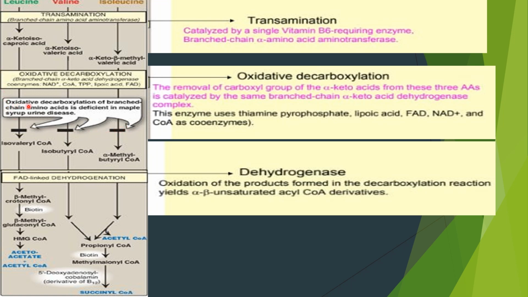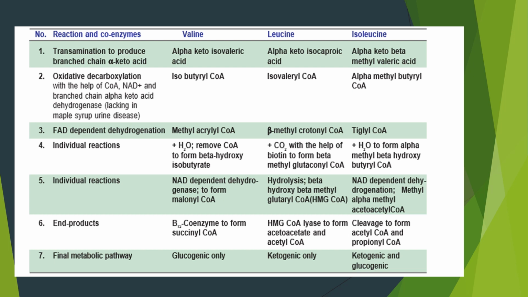So here you see that oxidative decarboxylation of branched chain amino acids is deficient in maple syrup urine disease. This is again an overview of the metabolism of branched chain amino acids.